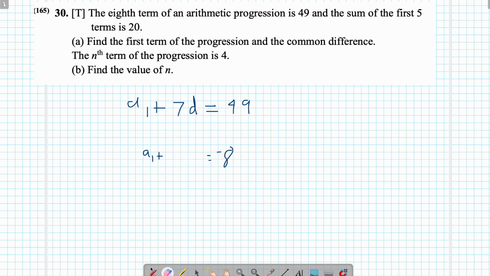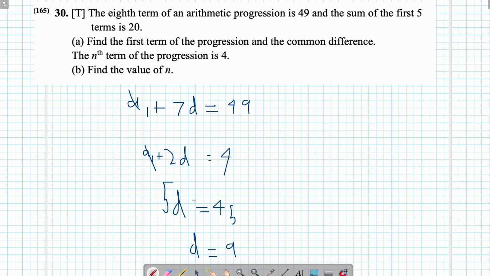So a1 plus 2d is equal to 8. Let's just remove this. And then you subtract, so you can cancel this and this. 5d, wait, sorry, this should be 4d, since we divided by 2 on both sides. It's equal to 45. D is equal to 9.